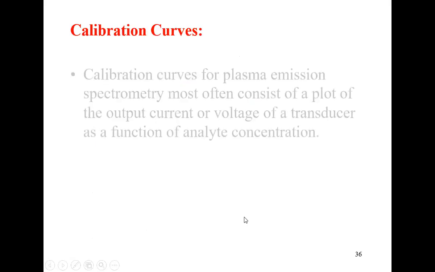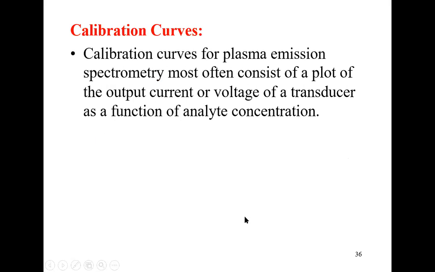So again, in emission spectroscopy, you're going to have a calibration curve, like all analytical methods. You must have calibration curves for plasma emission. And usually, remember, the dynamic range is big. It's 10 to the 6th sometimes. So how do you plot a million on your graph?